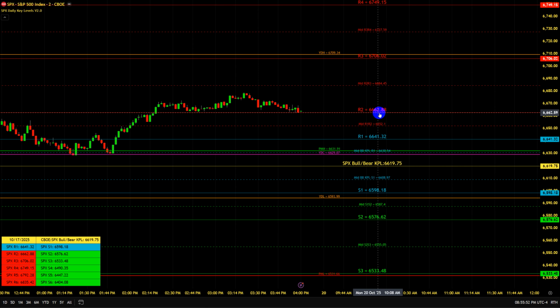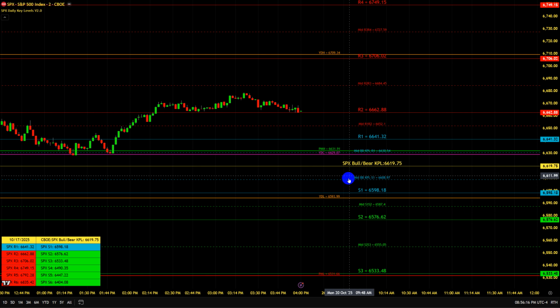So that's the process on each particular level. For example, if you were taking a bearish play off of R2, then your first out of the money, remember, I'm just trying to reiterate this point.